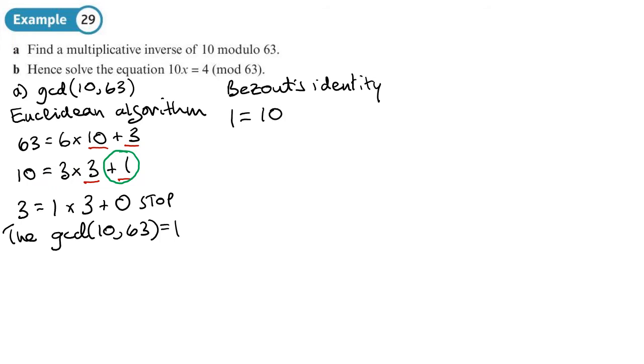Then we go to the previous line and we can replace this 3 here. We can replace it with 63 minus 6 times 10. So we'll write 1 equals 10 minus 3 times, and in brackets we'll do 63 minus 6 times 10.